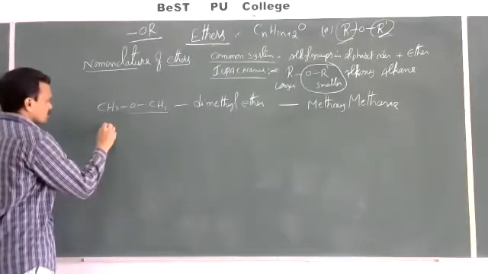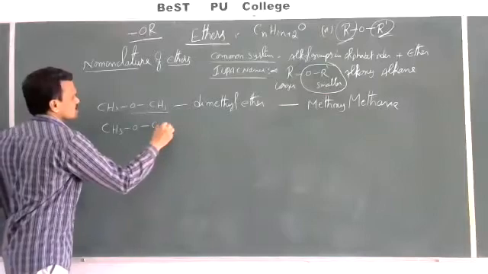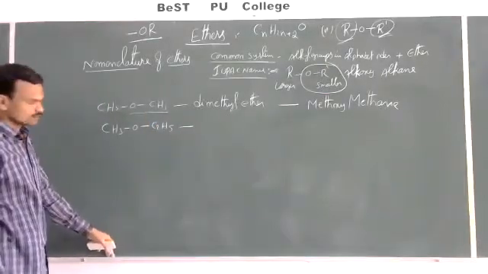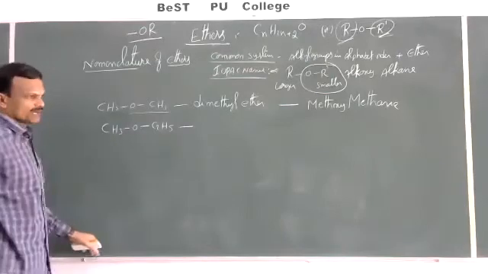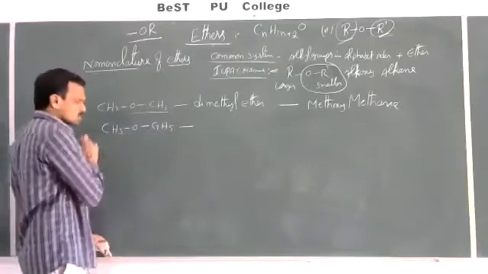Now let's take one more example here. CH3OC2H5. Now what is the name of this compound? Here the two alkyl groups are different, so we'll represent them in alphabetical order. This is ethyl, this is methyl.